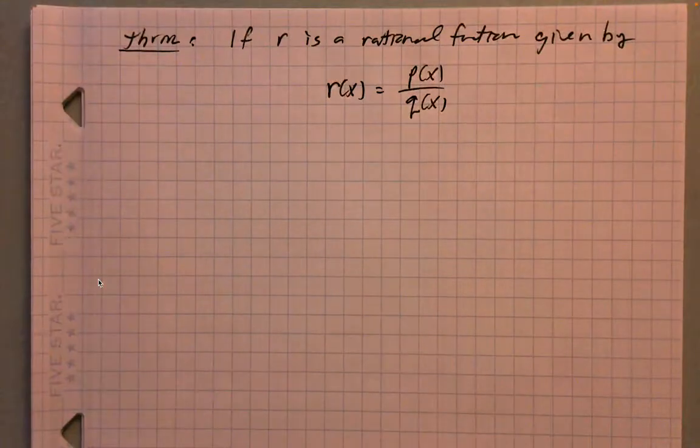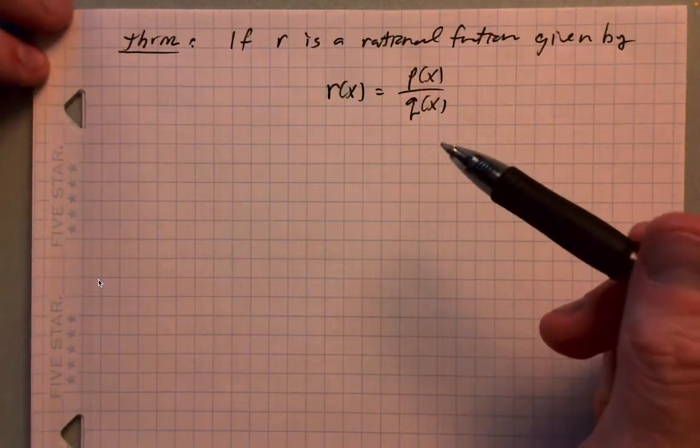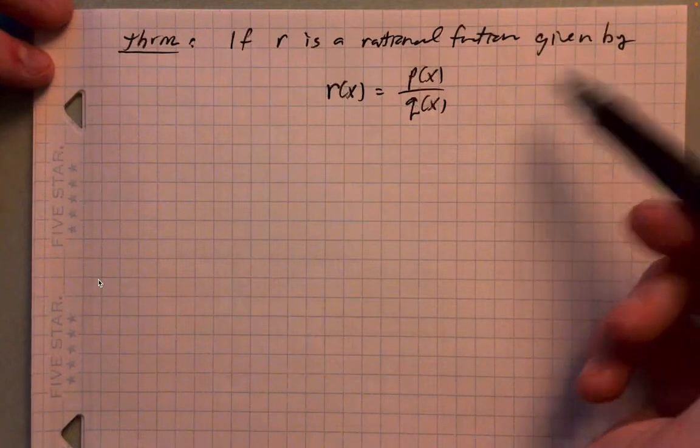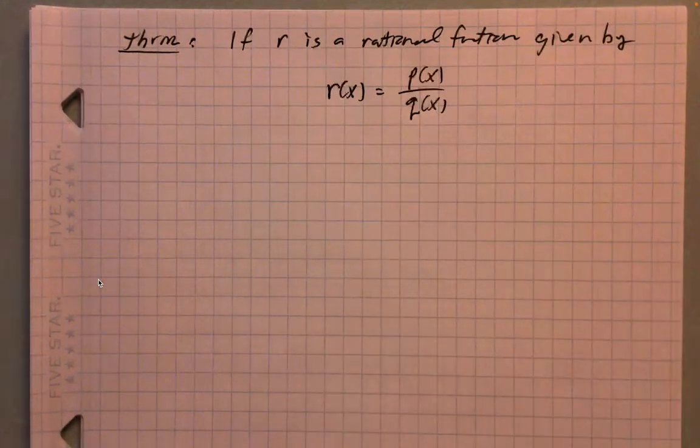Now remember, rational functions are functions where the numerator and denominator are both polynomials, right? So this is a polynomial, that's a polynomial. Then you may be able to anticipate what the conclusion here is if you think back to what we saw in the previous 5-part theorem.